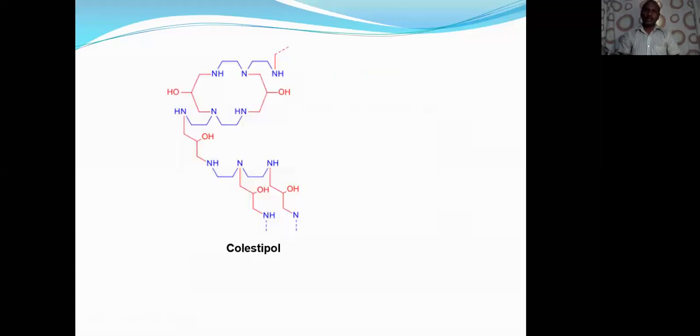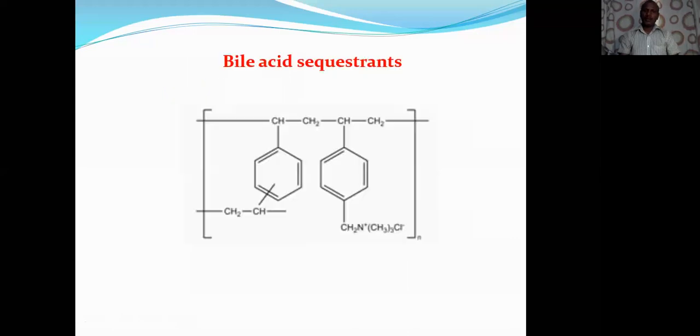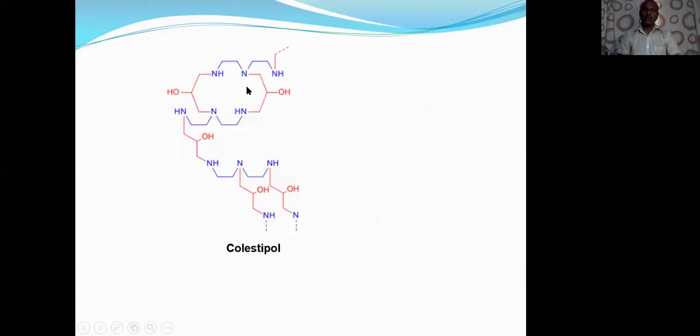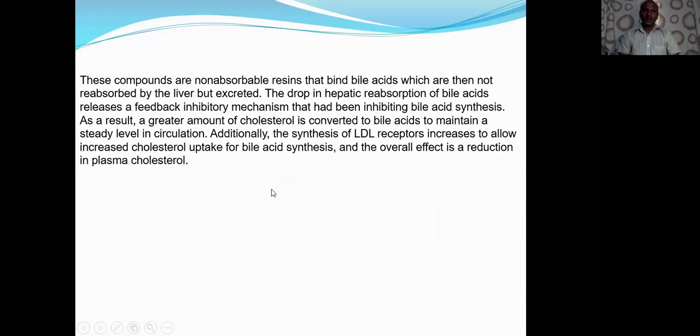Here you have the bile acid sequestrant cholestyramine, a quaternary ammonium compound. Another one is cholestipol, also a quaternary ammonium compound.